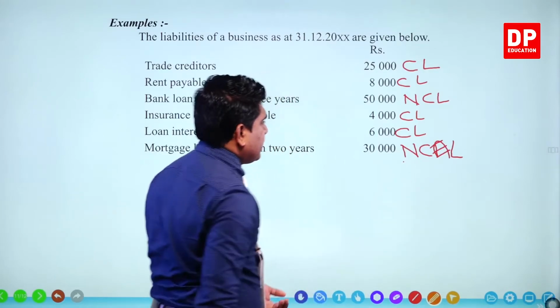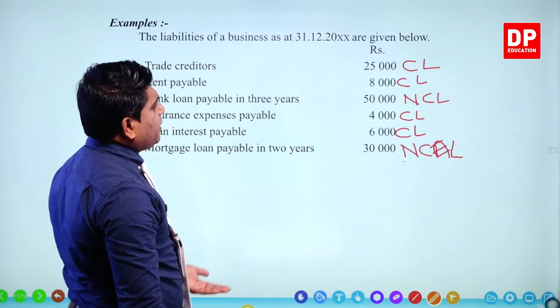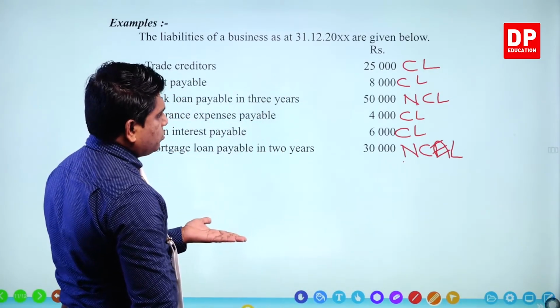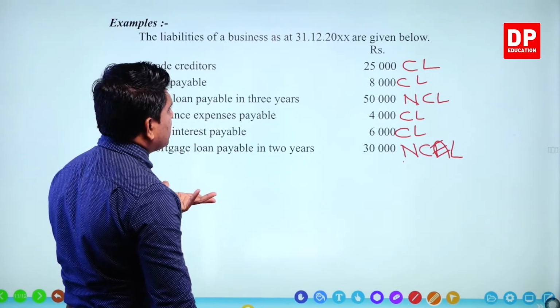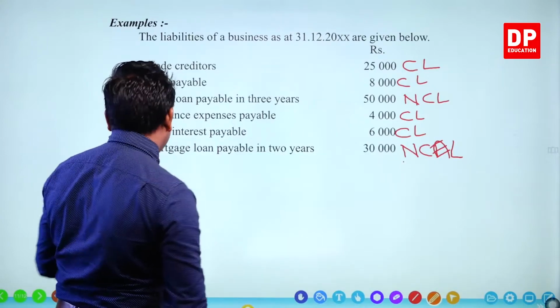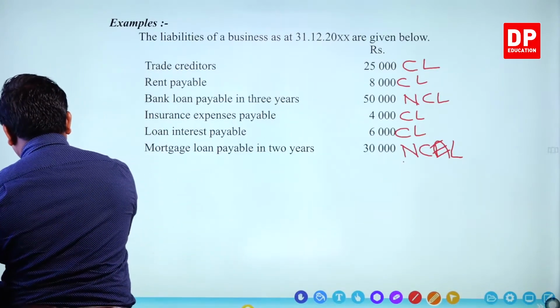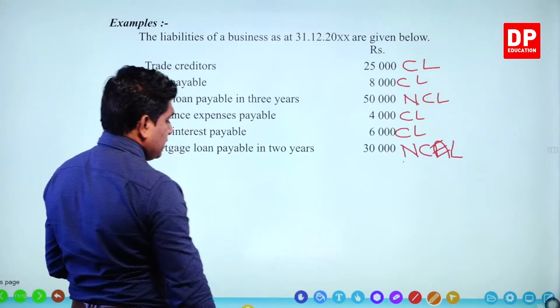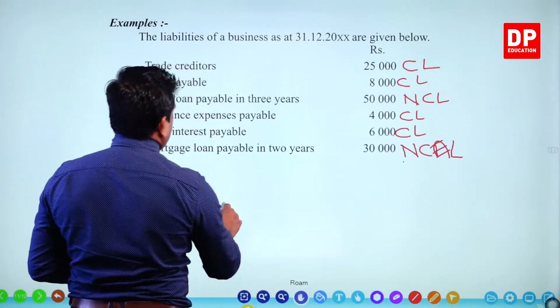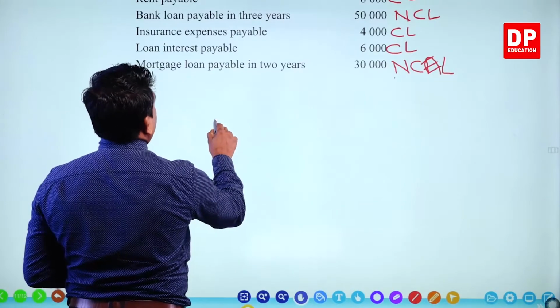It should be non-current liability, NCL, not the A. Now how many non-current are there? 1 and 2. What are they? Bank loan and mortgage loan. All others are current liabilities. Now we can classify them under the current liability category and non-current liability category. First we write what?